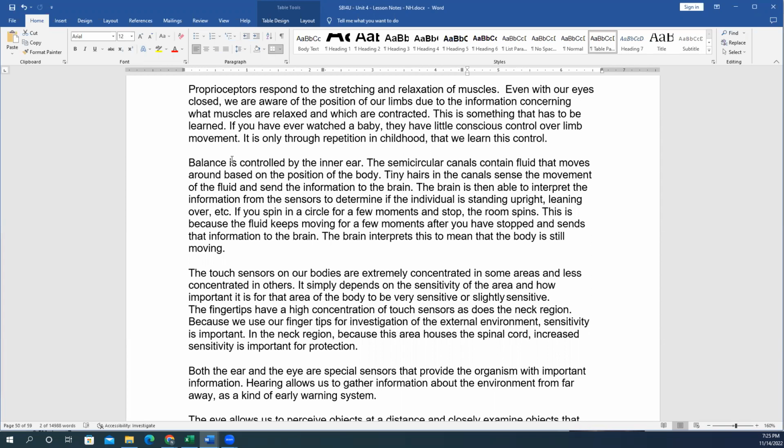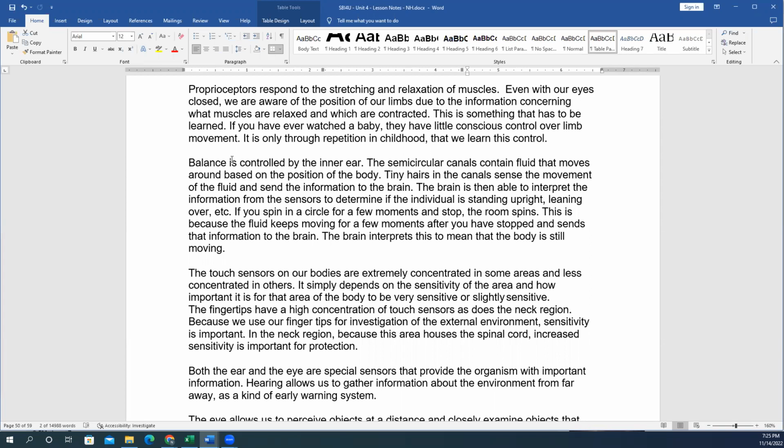Then the touch sensors in our body are extremely concentrated, especially in some areas, such as our fingertips, and less concentrated in others. That simply depends on the sensitivity that is required in that area and how important it is for that area of the body to be very sensitive or only slightly sensitive. Our fingertips have high concentrations of these touch receptors, as does, for example, our neck region.